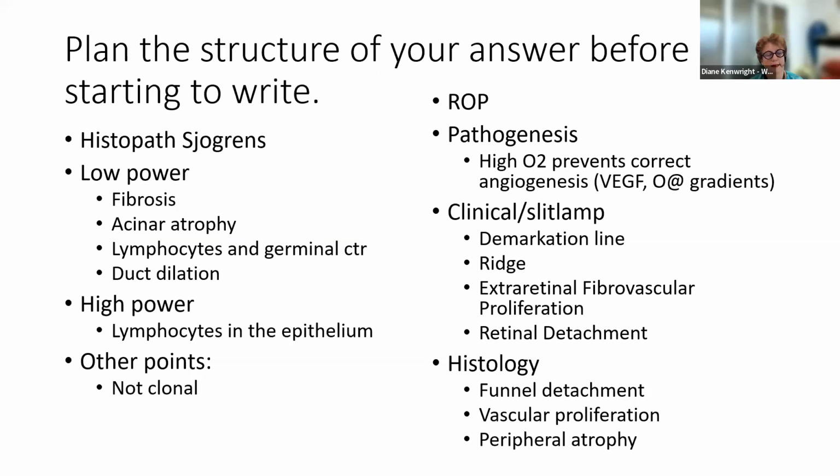Plan the structure of the answer before you write it. Just write, and you can do it on the computer now, which is really great. Just write the topics: histopathology of Sjogren's, low power, high power, other points.